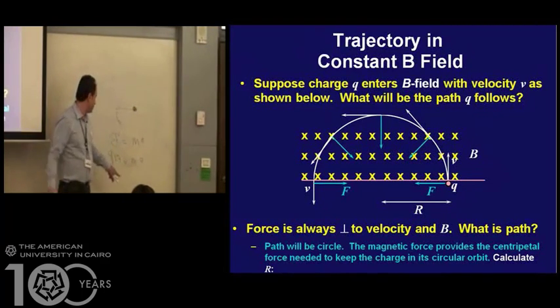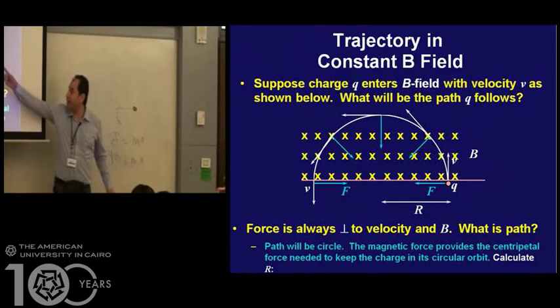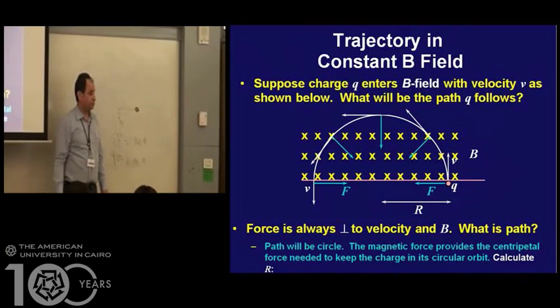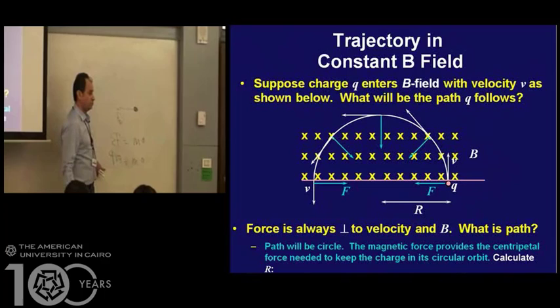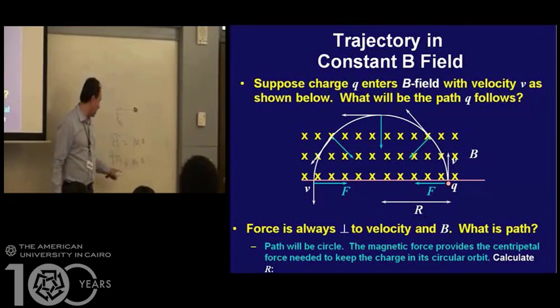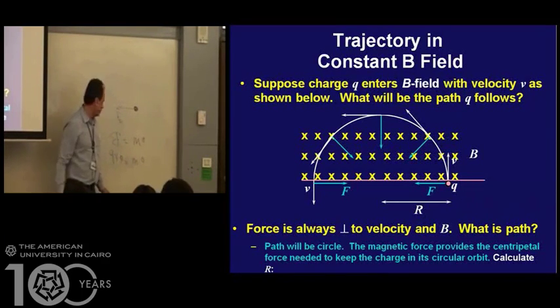It's QV cross B, but because V and B are perpendicular to each other, the cross product gives us 1. Equal to mass times acceleration.